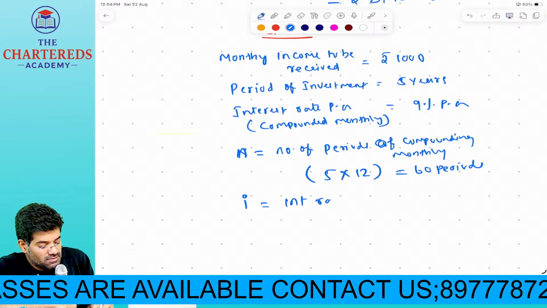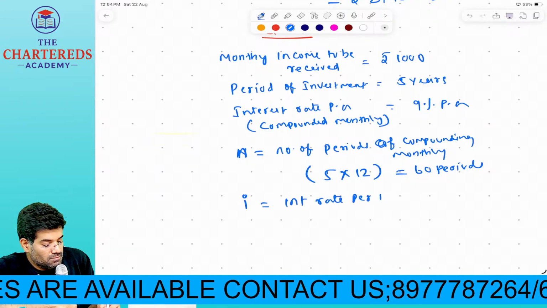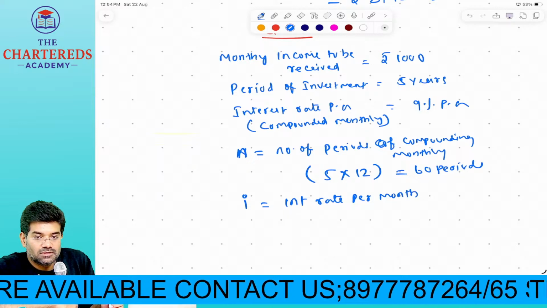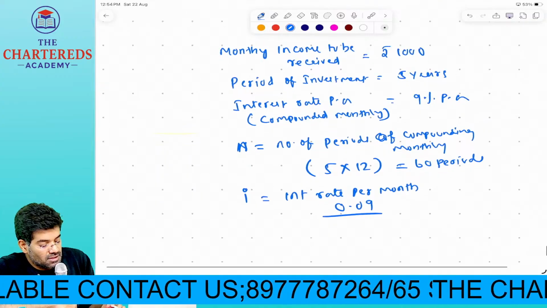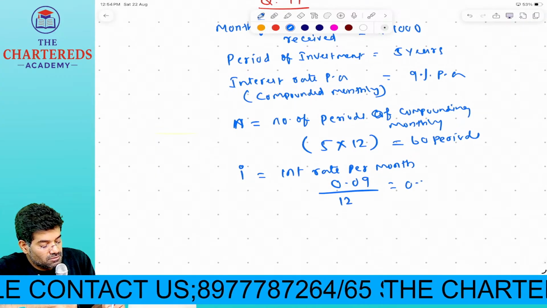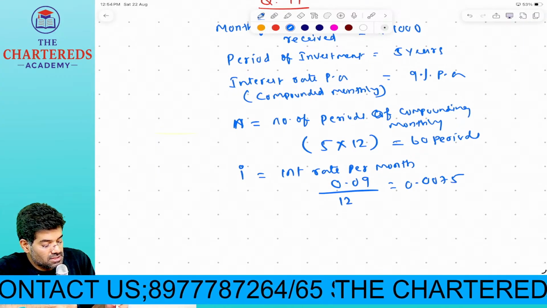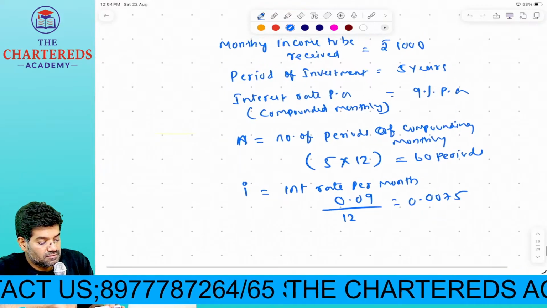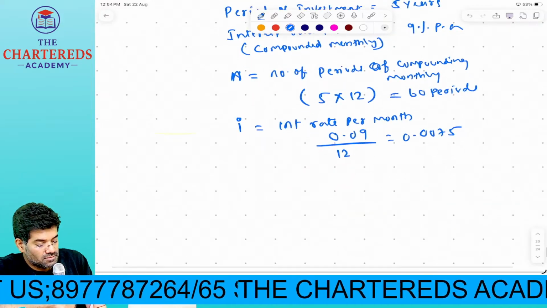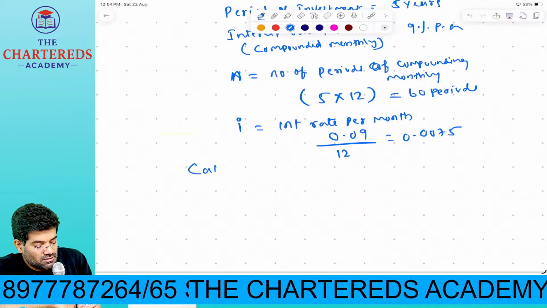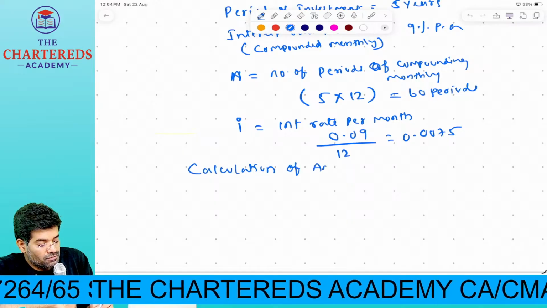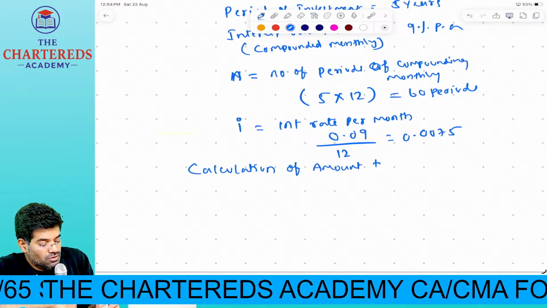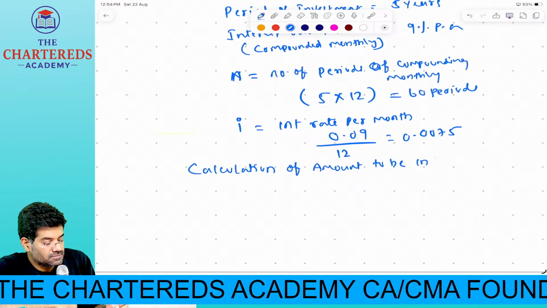Interest rate per month, 0.09 divided by 12, 0.0075. Calculation of amount to be invested today.